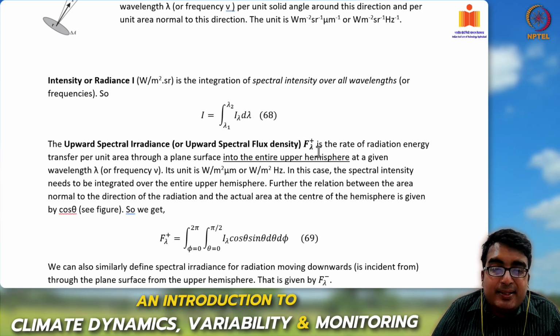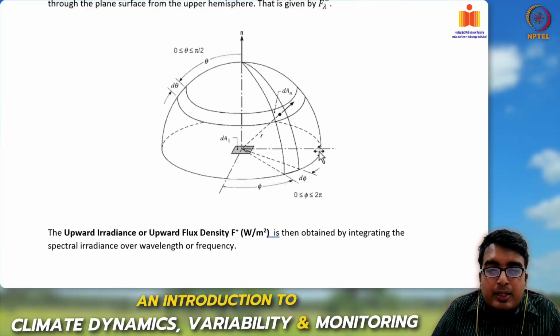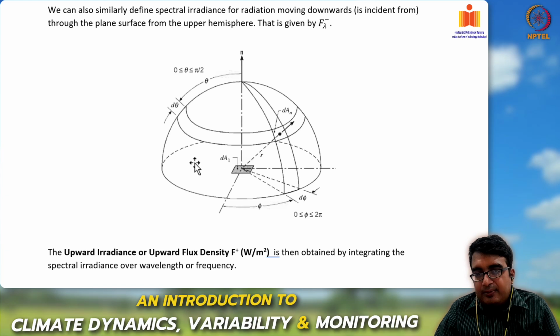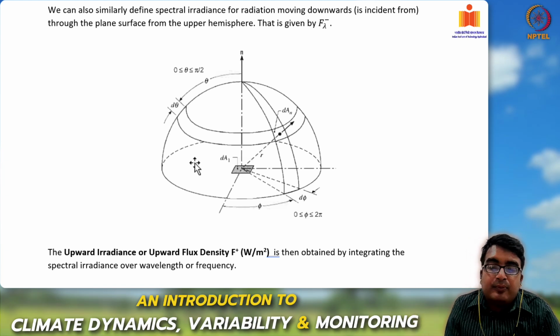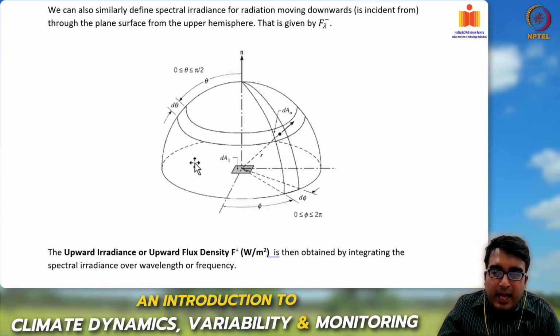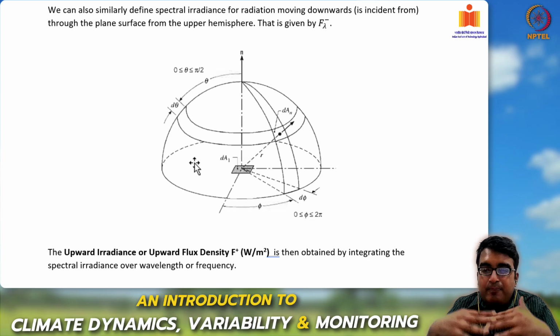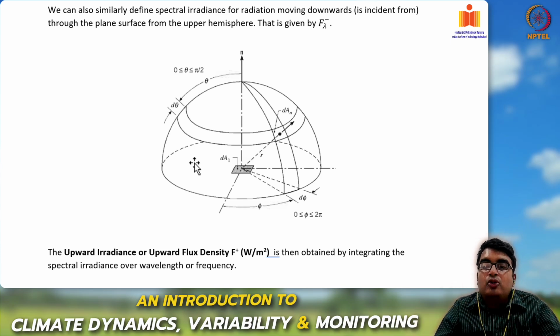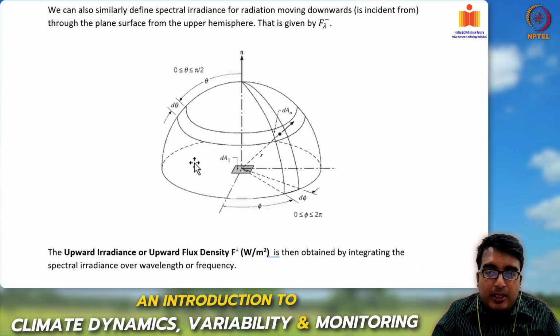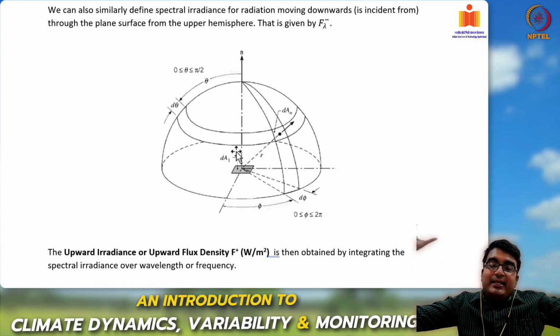Okay. So the idea is, suppose we have a plane surface like this, and the entire radiation being emitted or transferred through this plane surface per unit area over the entire upper hemisphere.